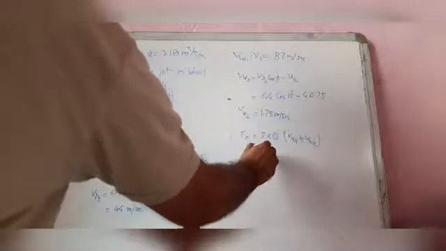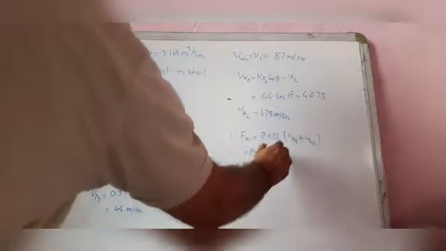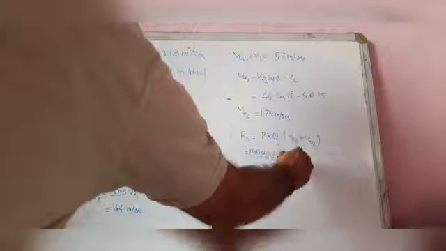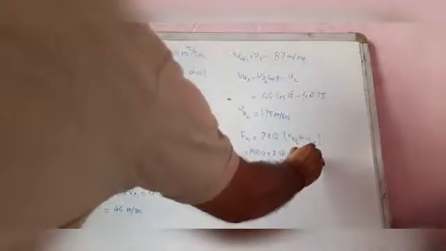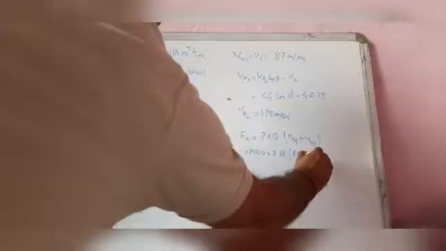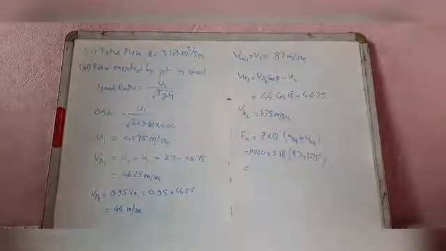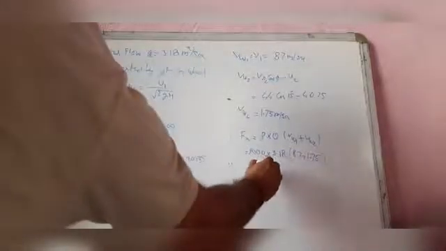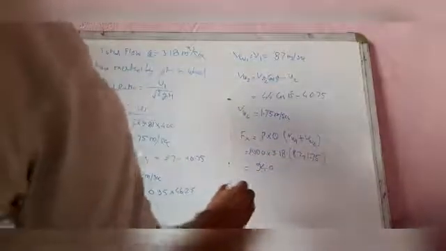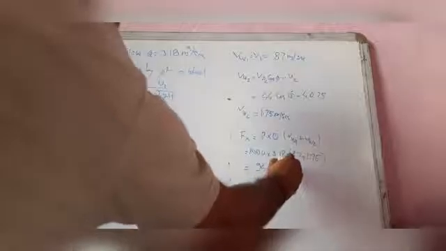Rho is 1000 for water, Q is 3.18, and VW1 is 87 plus VW2 1.75. So this value of force exerted is 94.075 kilonewton.